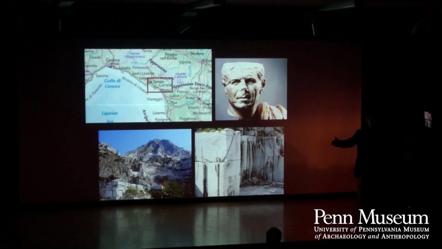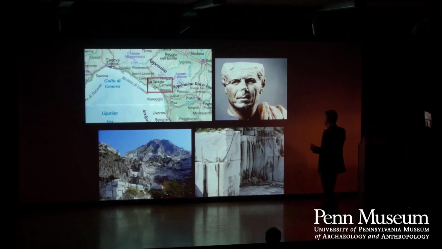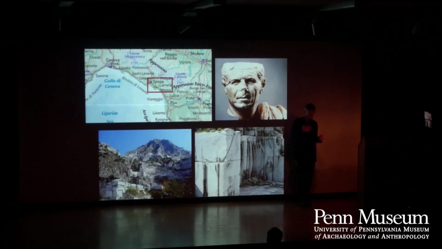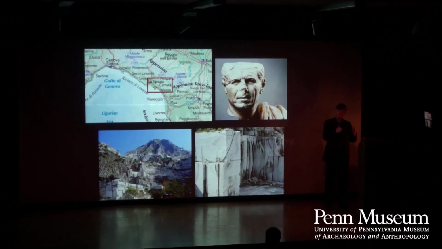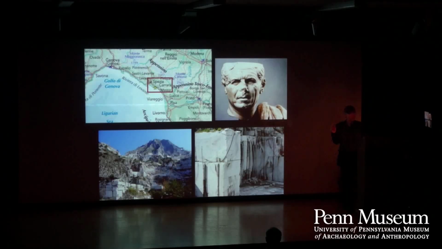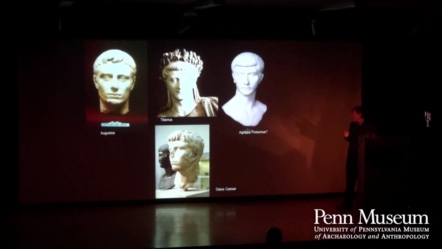We get a whole host of buildings in central Rome that are built in marble, as well as the colonial cities. And we get images of the conquering generals that are now made in marble because it was a far cheaper medium. And so that's why we have the change in medium from bronze to marble roughly in the middle of the 1st century BC because of the opening of the Carrara quarries at that particular time.